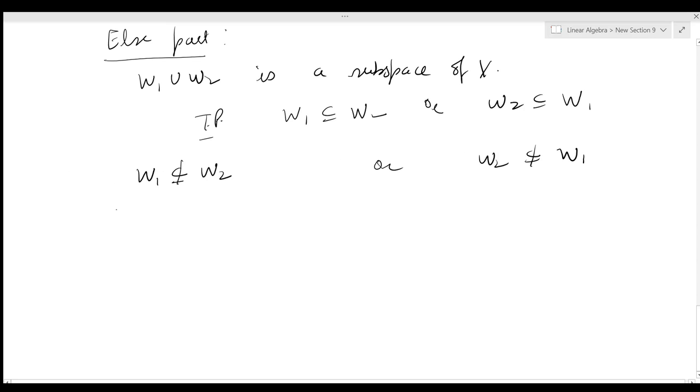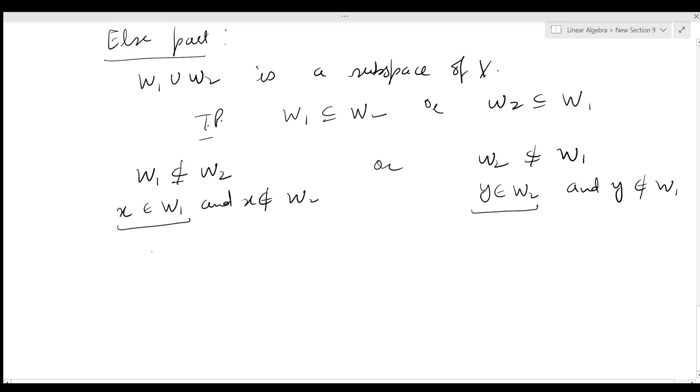So here we can take some x belongs to W1 and that x does not belong to W2, because there is a not condition. And from here we can take some y belongs to W2 and y does not belong to W1. So as you see here, x belongs to W1 and y belongs to W2.